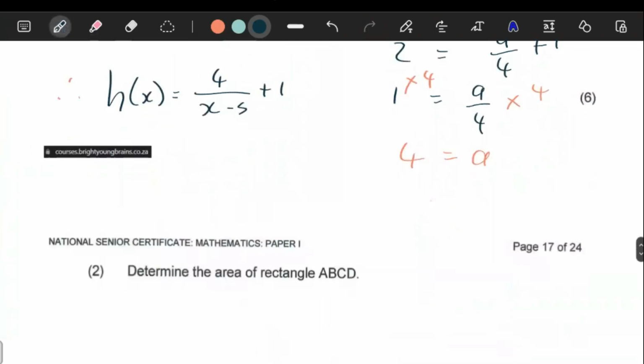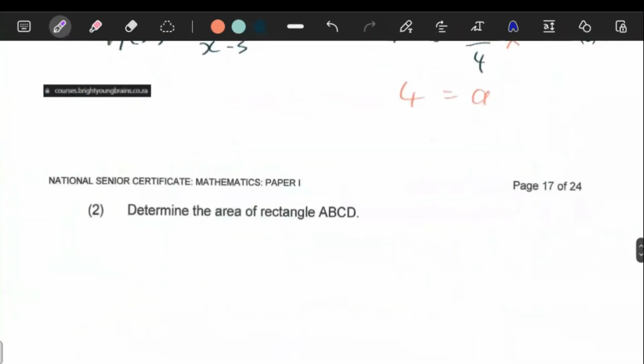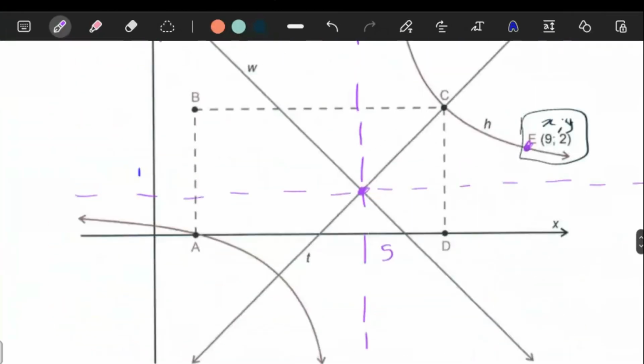Question 2 says, determine the area of the rectangle. Okay, that's interesting. If you're going to get the area of rectangle ABCD, you may think to yourself, we need dimensions.